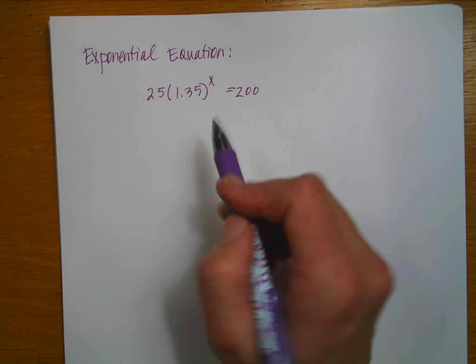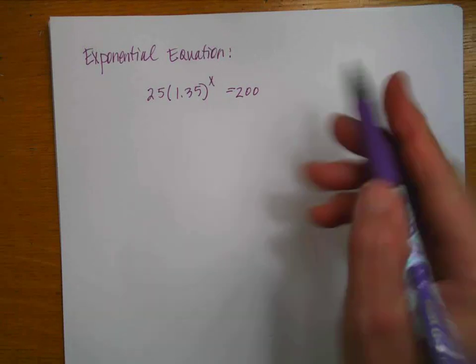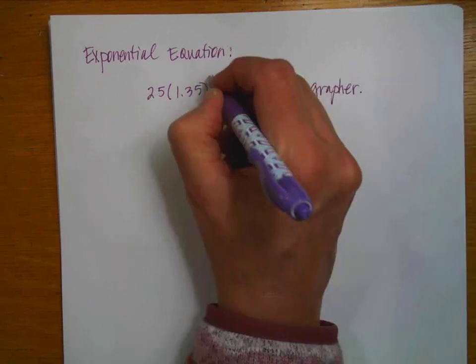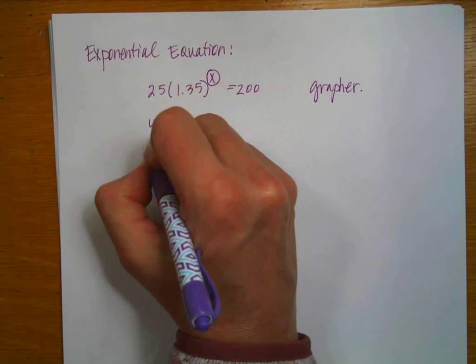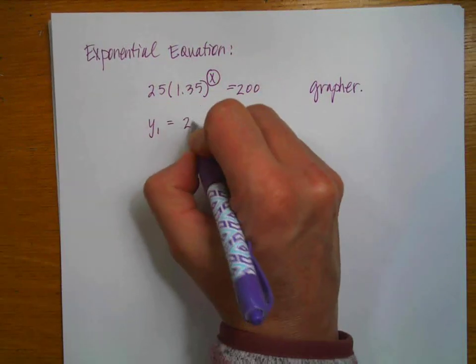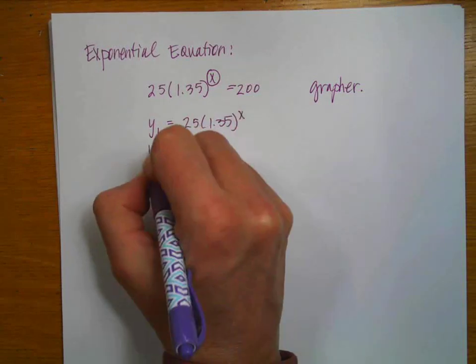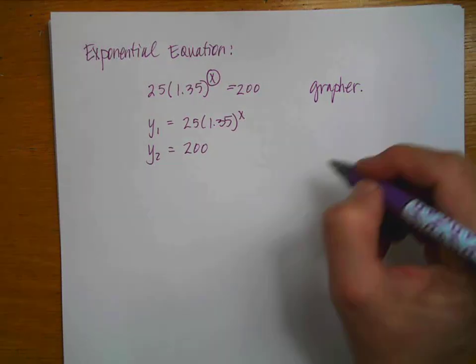And so now what I need to do is I need to solve the equation. So the easiest way to do this is in our grapher because I am trying to solve for x. So I'm going to enter two equations in my calculator, so 25 times 1.35 raised to the x, and I'm going to enter the other one as 200.